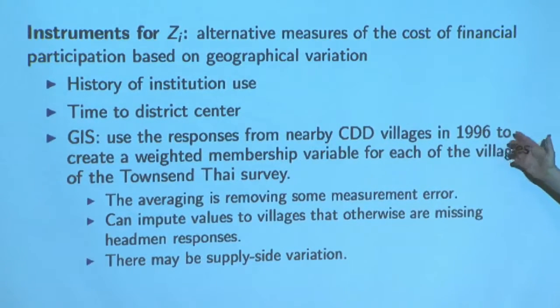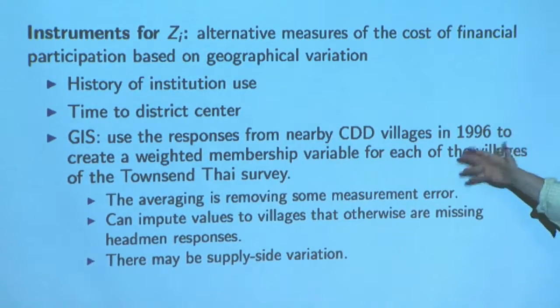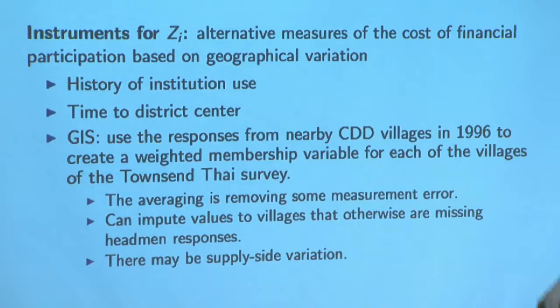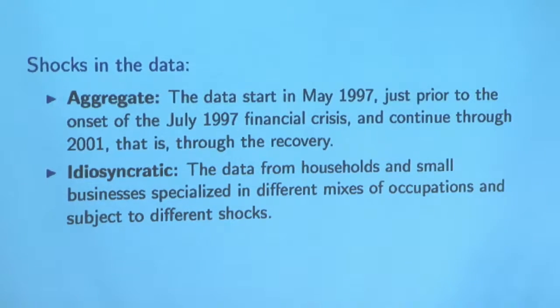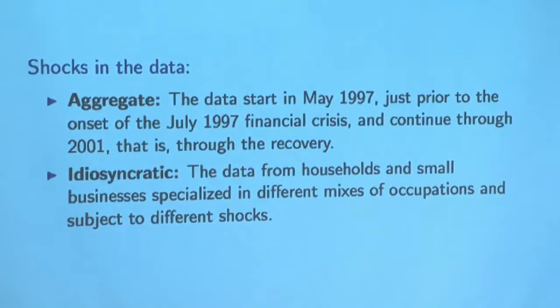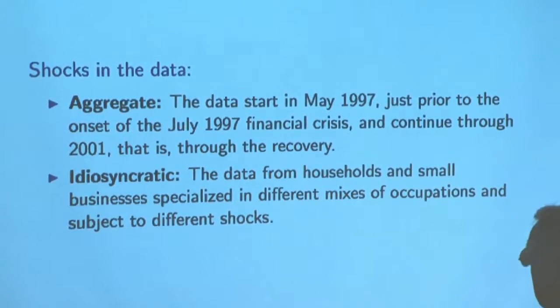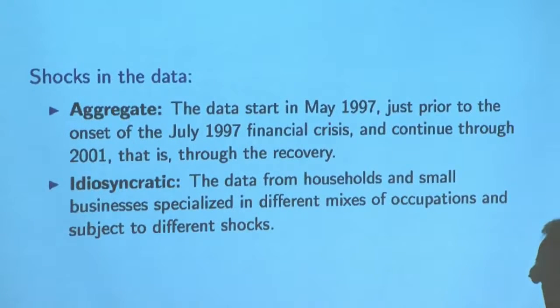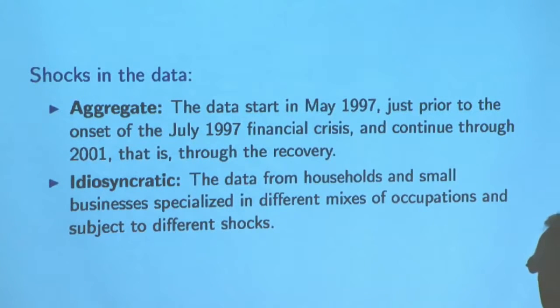And then we have some GIS measure of access in the local area, which is supposed to pick up that there are active credit officers in one spot and some not so active credit officers in other areas. And then the data, this was from May of 1997. In this case, when we wrote this paper through 2001.